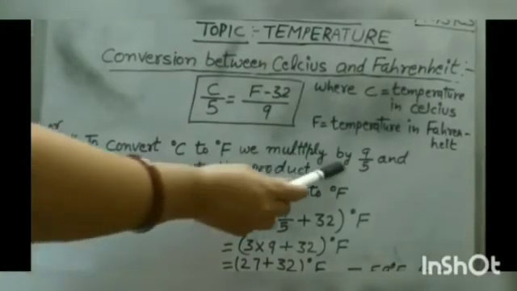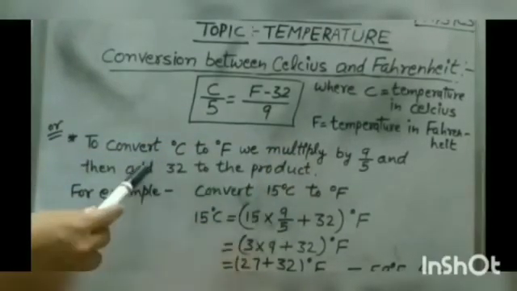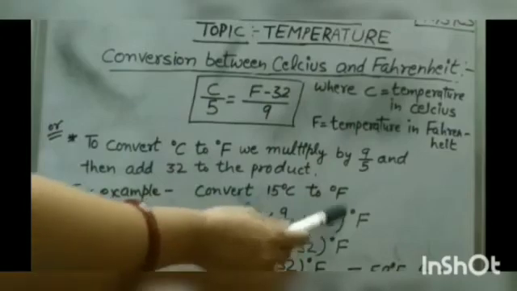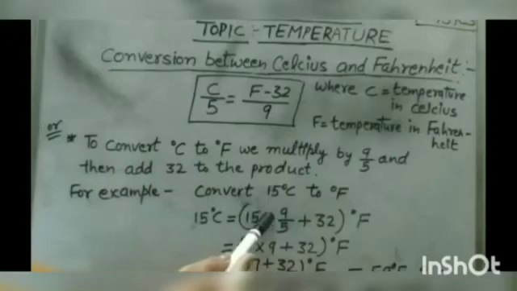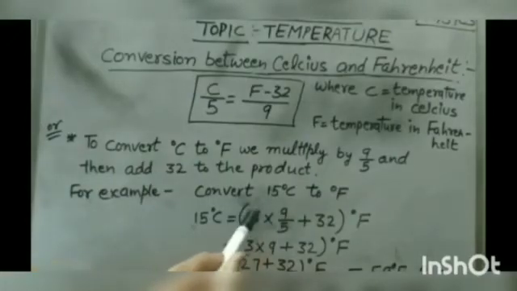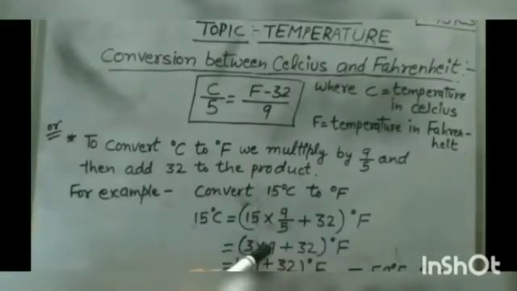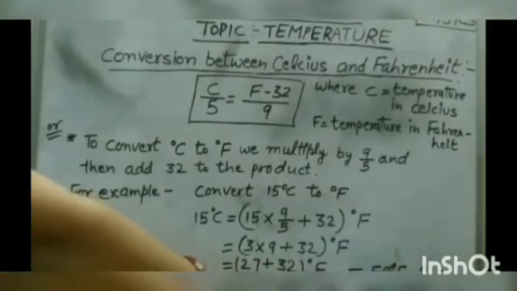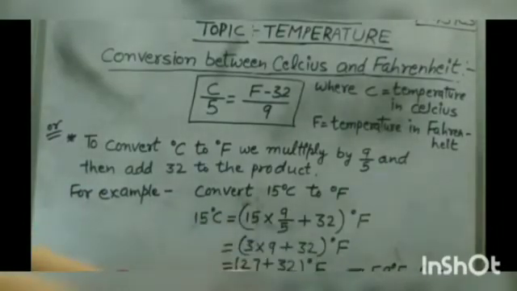We multiply by 9 by 5, so 15 into 9 by 5, then add 32 degree Fahrenheit. 5 3s are 15. Now we get 3 into 9 plus 32 degree Fahrenheit, and 3 9s are 27 plus 32 degree Fahrenheit, and we get 59 degree Fahrenheit. It means 15 degrees Celsius is equal to 59 degree Fahrenheit.